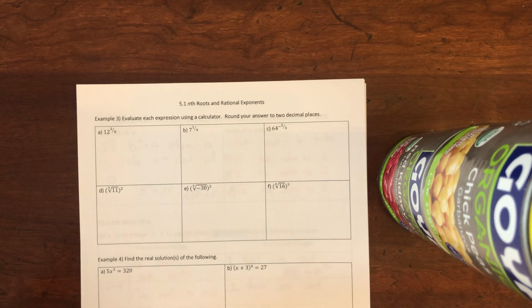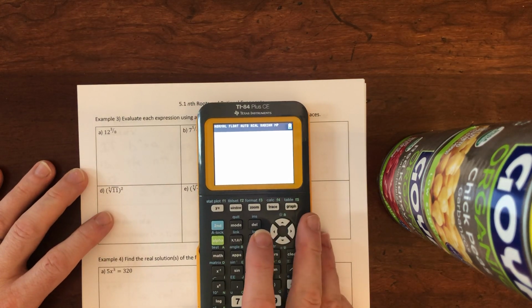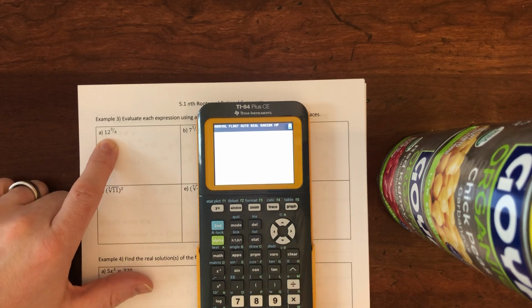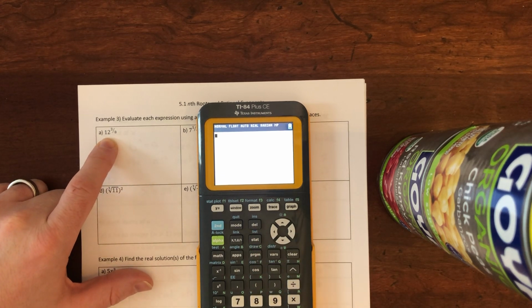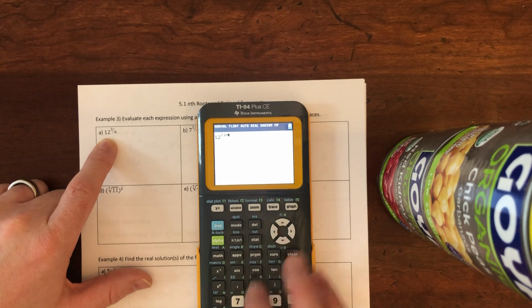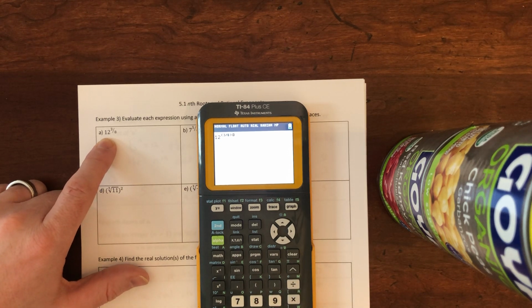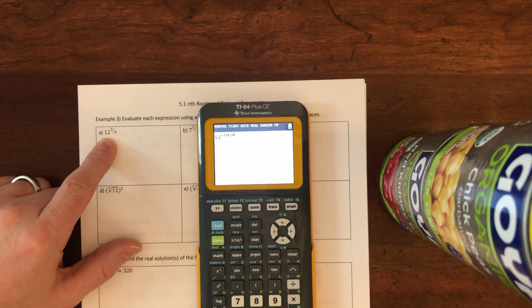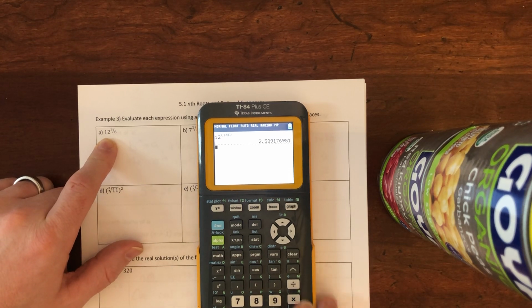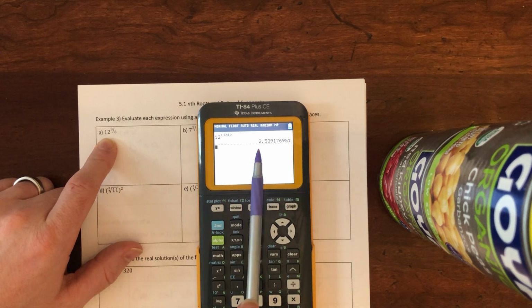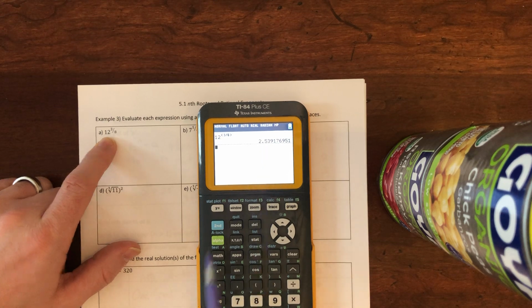All right. And I'm just going to show you on my calculator real quick a couple important things here. If you want to take 12 and raise it to the 3/8, you're going to do 12, the caret. I like to do parentheses 3 divided by 8. Okay. It's important you put the exponent in parentheses so we'll evaluate it correctly. So we have 2.539, right?